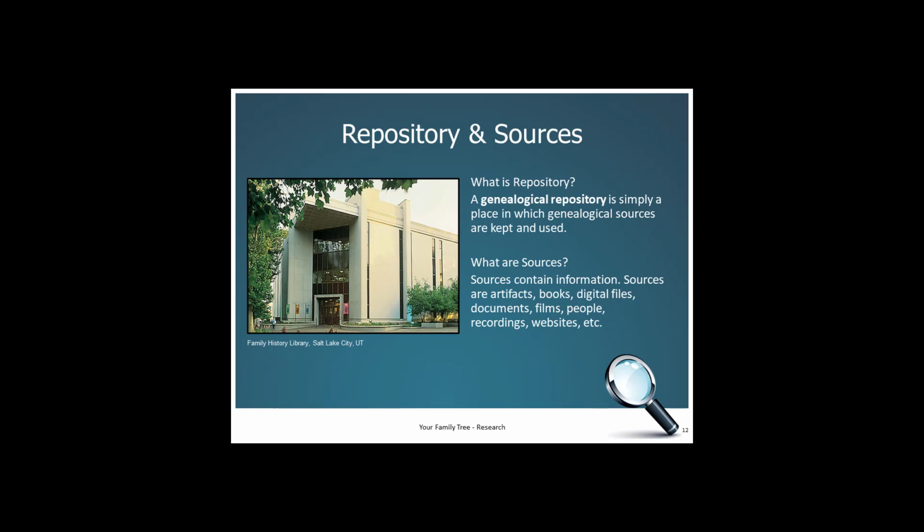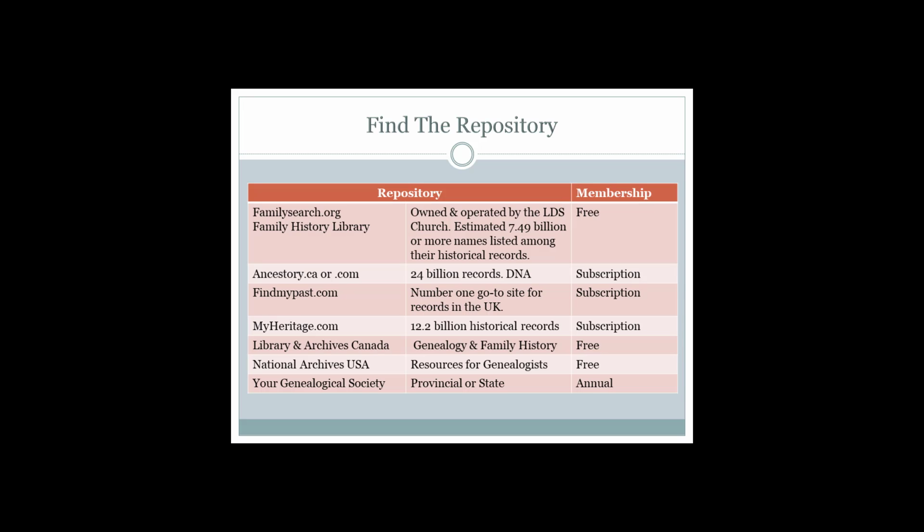Sources are artifacts, books, digital files, documents, films, people, recordings, websites, etc. The photograph on this slide is a picture of the Family History Library in Salt Lake City. I had the opportunity to attend the library. The library is an excellent resource. The staff are extremely helpful and resourceful.